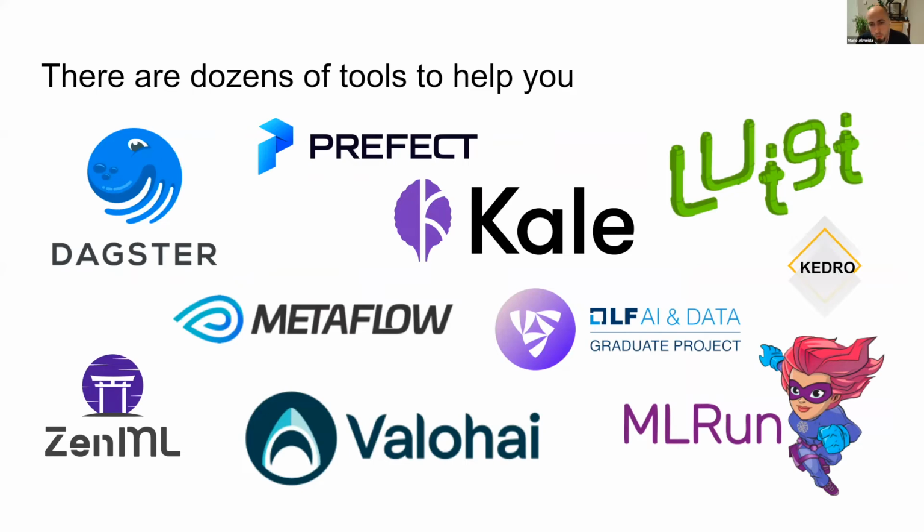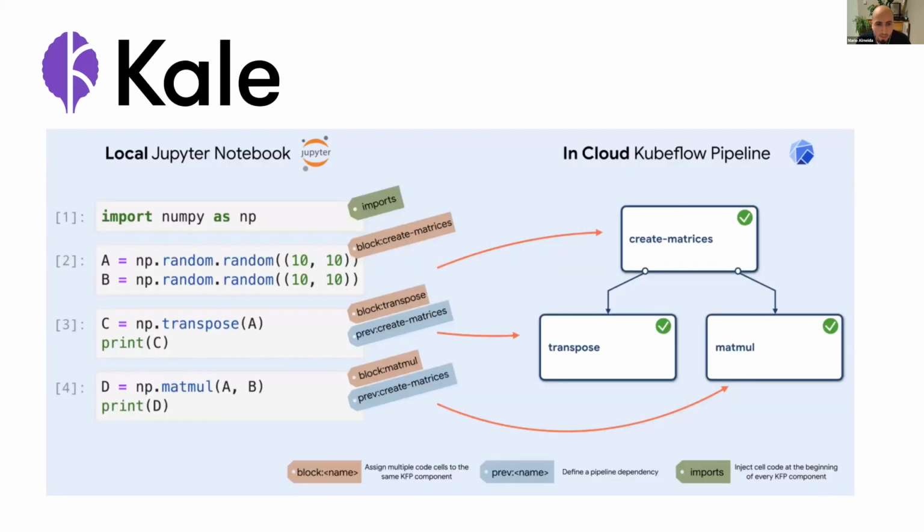I'm not going to go through all of them, but typically these are grouped into two kinds of tools. For example, some of them run on top of Kubeflow. In this example, you write your code in a notebook, and your code automatically translates to tasks to run on Kubeflow, and they get parallelized automatically.